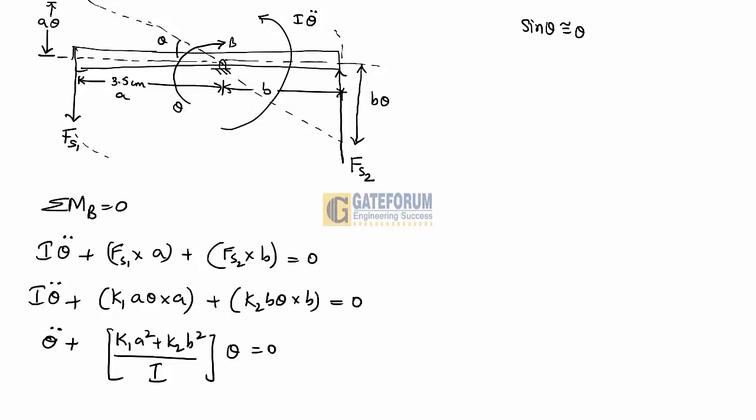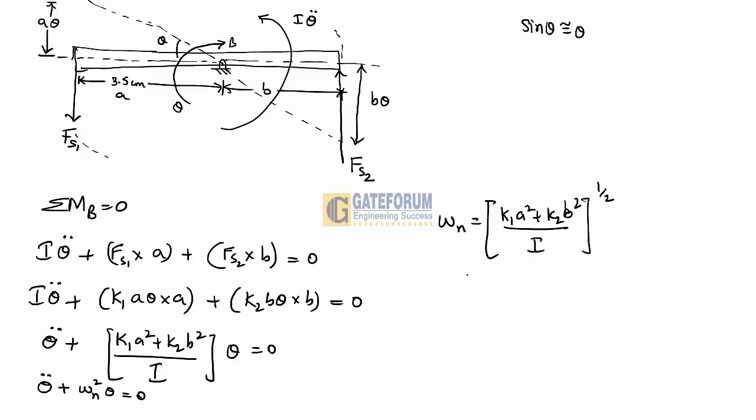Now I need to substitute all the values. This is of the general form theta double dot plus omega n square times theta equal to 0. So omega n is equal to (K1 A square plus K2 B square divided by I) raised to the power of half.